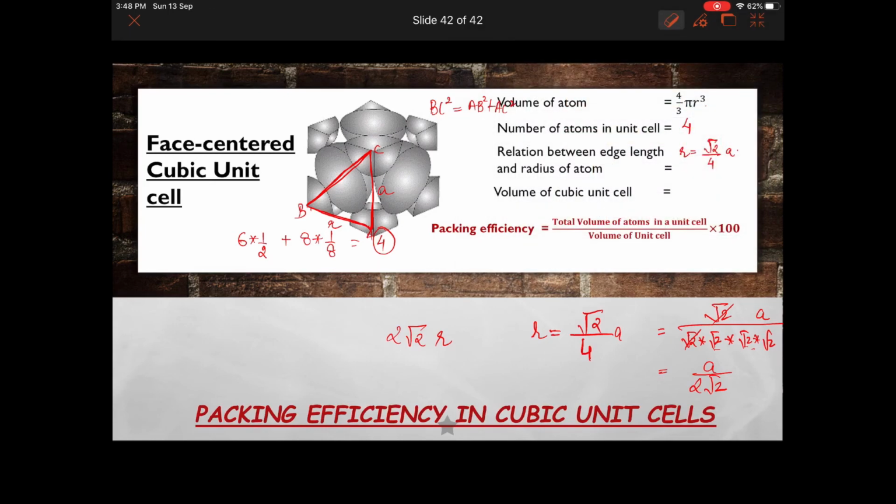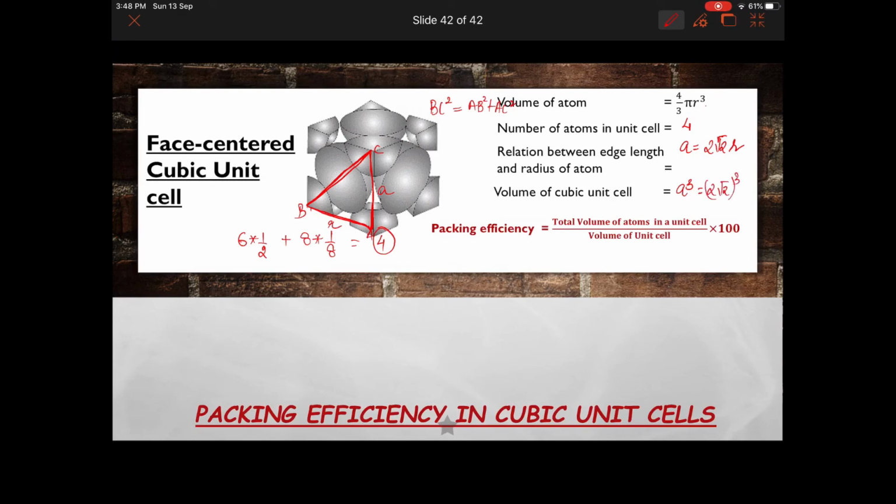So I'll just rub this everything off over here, and we can simply write down this as A is equals to 2 root 2 R. सिंपल. देखो सब कुछ रिवाइज होता चला जाएगा. सो रिलेशन आ गया हमारे पास यहाँ पर बिटवीन द एज लेंथ एंड द रेडियस ऑफ द एटम. वॉल्यूम ऑफ द क्यूबिक यूनिट सेल तो A क्यूब ही रहेगा. बट इस A की जगह पे अब मैं रखूंगा 2 रूट 2 का क्यूब एंड R क्यूब. अच्छा, 2 का क्यूब 8, और रूट 2 का क्यूब is 2 root 2, है ना.